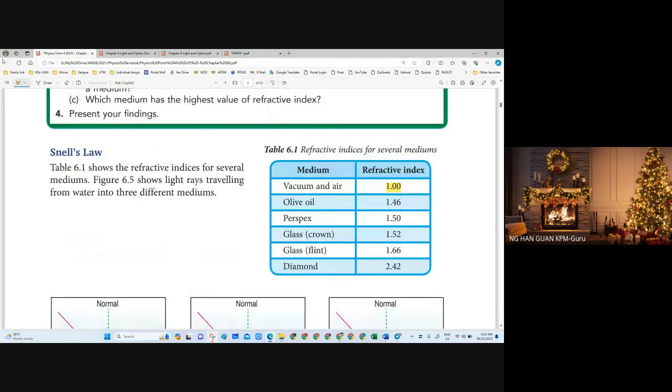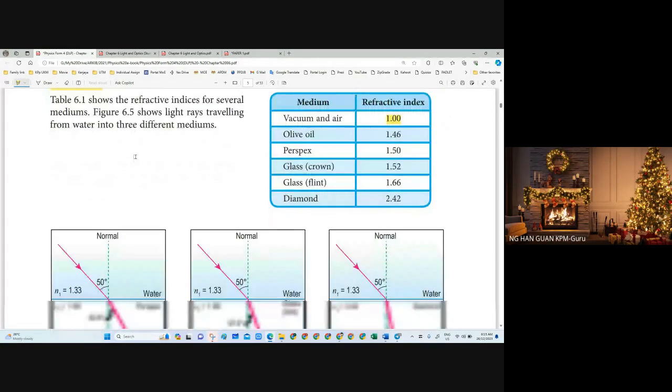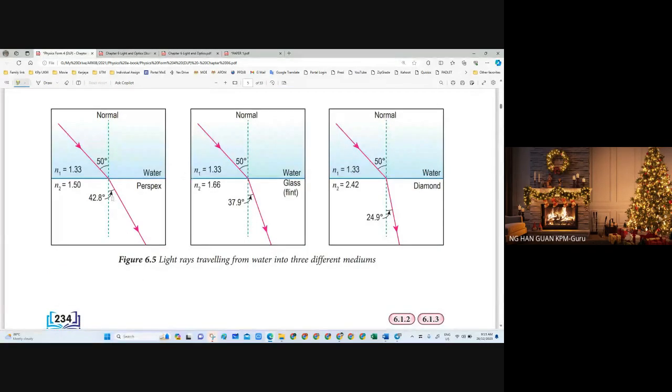Now we are talking about Snell's law. Snell's law relates the angle and the refractive index of the medium. For example here, we have the cases water to perspex, water to glass, water to diamond. All have the same incident angle, and from the water, 1.33.